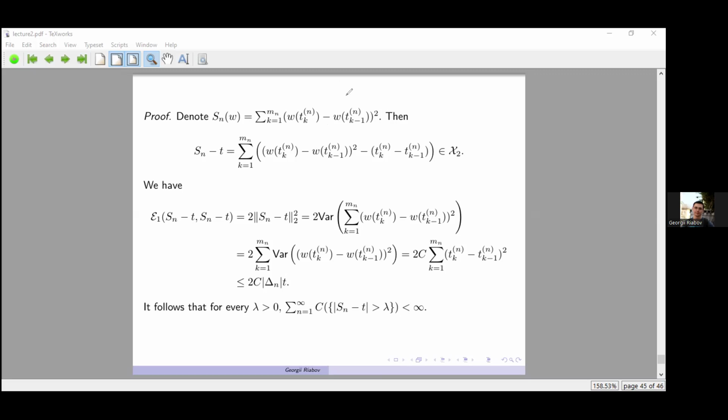Note that if we take the sum of just differences between t_{n,k} and t_{n,k-1}, this is just the sum of lengths of elements of the partition, which gives t.